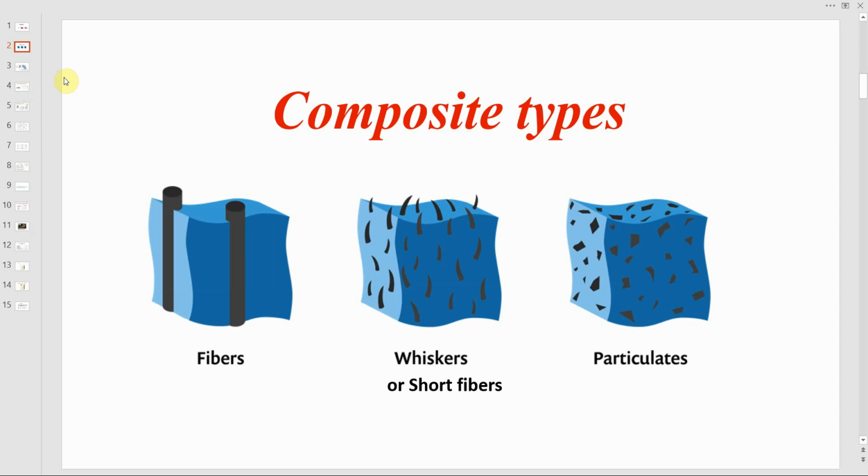The second one is short fibers like clay, which are made of some short fibers in the matrix. And the last one is particulates like concrete.